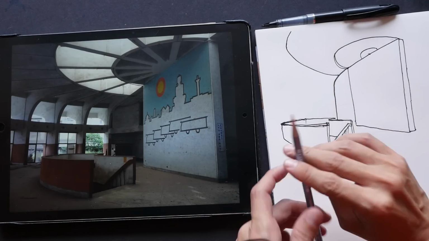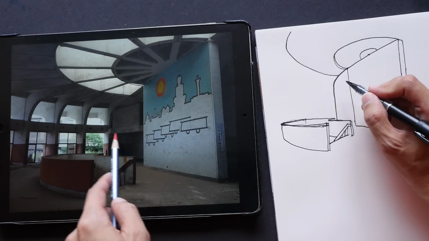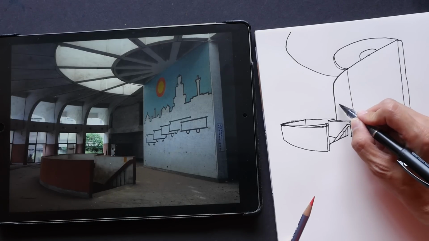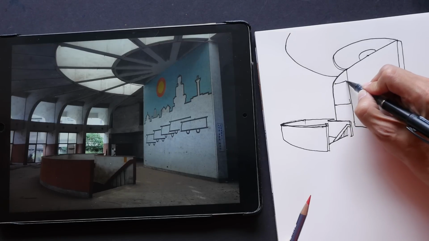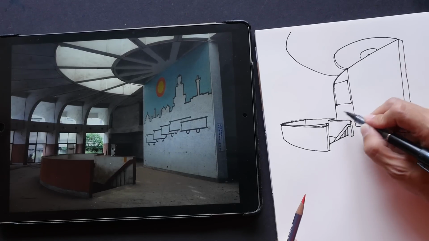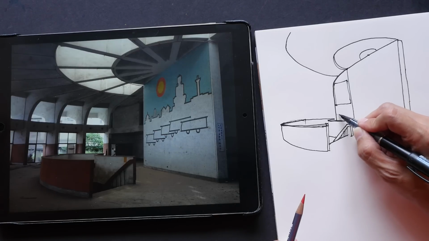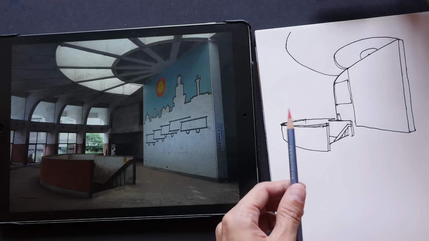So we have, oh, let me draw in this thing here first. This is quite easy to draw, this shape here. Okay, something like this. There is a square box here. All right.